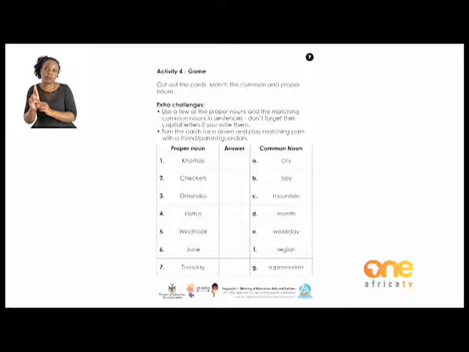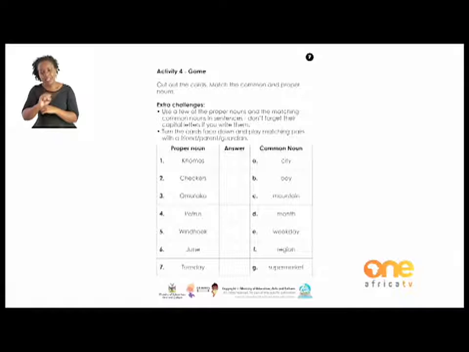All right. Commerce region. And then number 2, there is checkers. Checkers is a proper noun which corresponds with G, which is supermarket. Checkers is a supermarket.